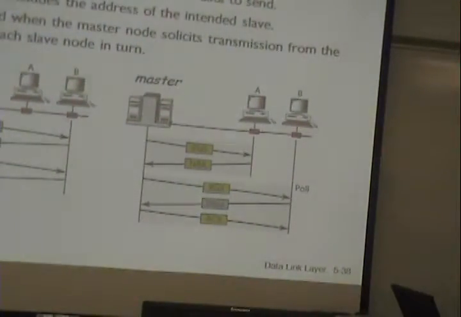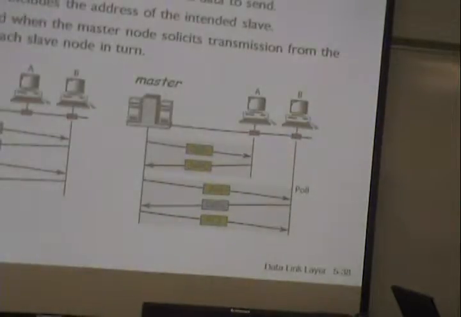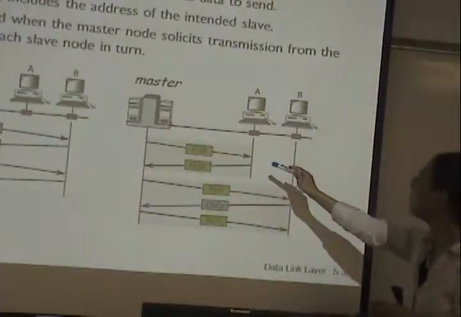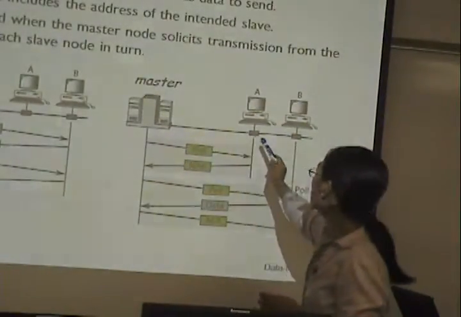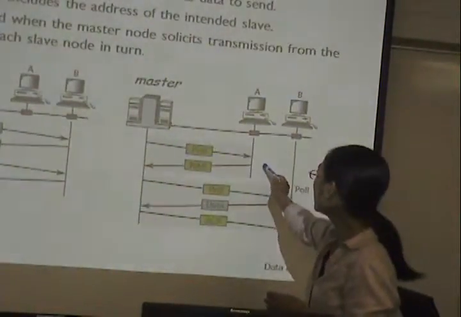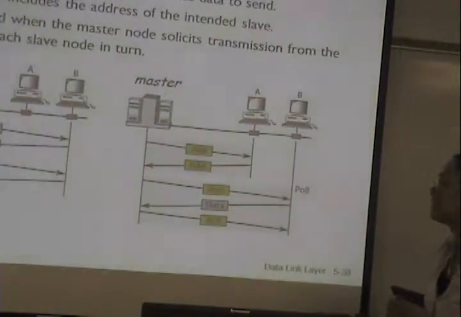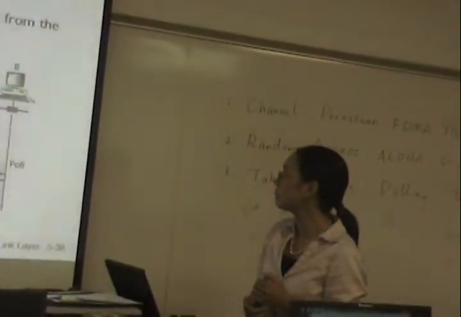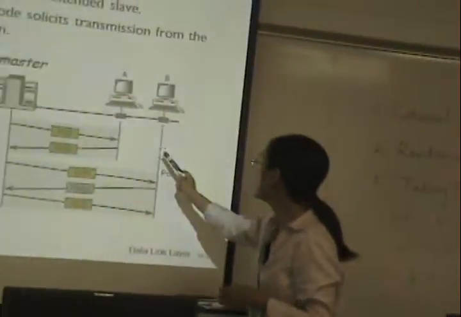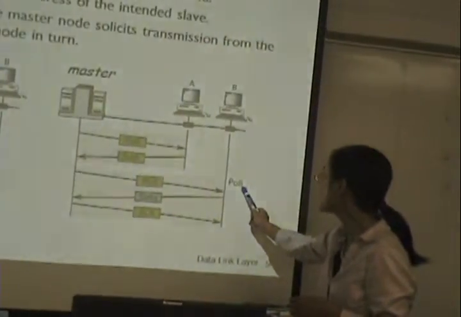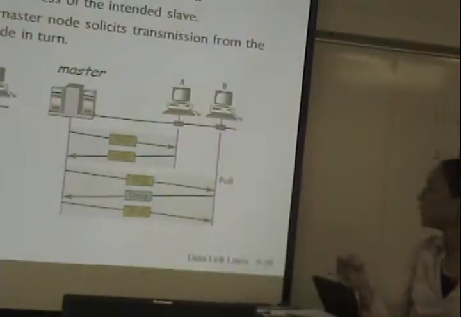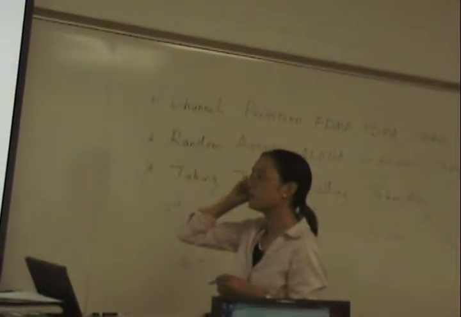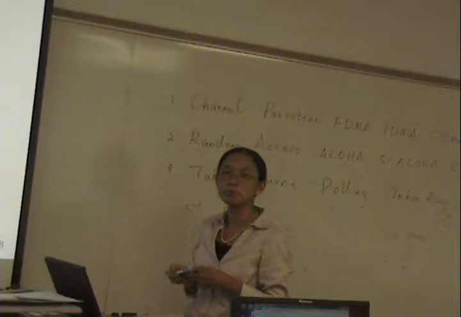The poll function is used when a slave has data to send to the master. Look here. The master first polls A. A has no data, so it replies with NAK, meaning negative acknowledgement, no data. Then the master polls B. B has data, so it sends the data to the master. After receiving it successfully, the master sends an acknowledgement to B.